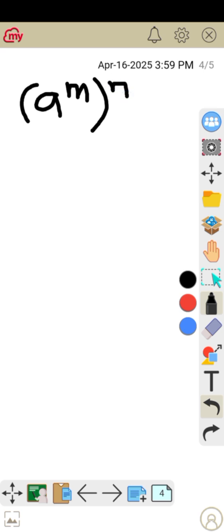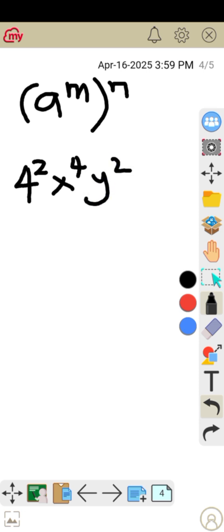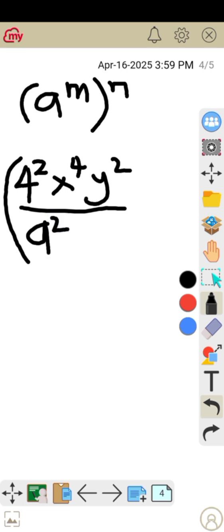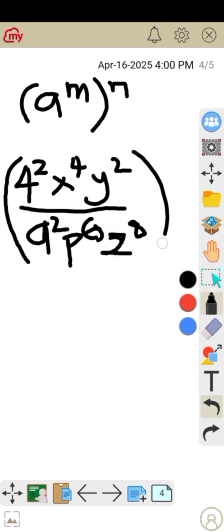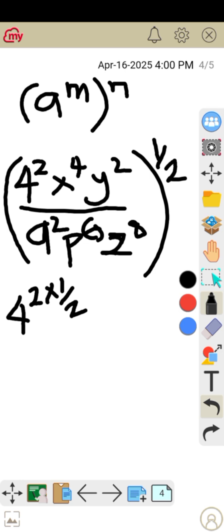So what it means is I'm going to come in now with 4 raised to the power of 2, x raised to the power of 4, y raised to the power of 2, 9 raised to the power of 2, p raised to the power of 6, z raised to the power of 8. All raised to 1 over 2.